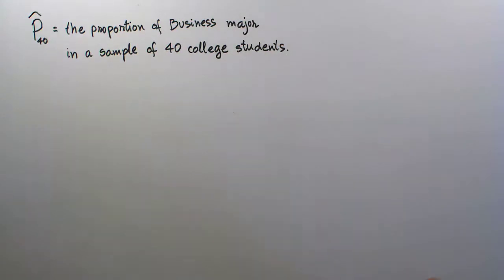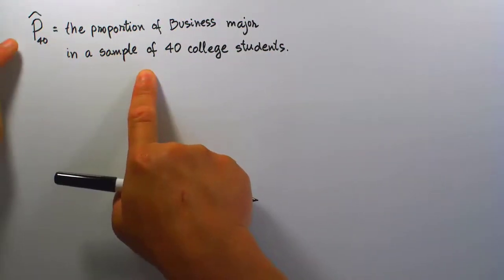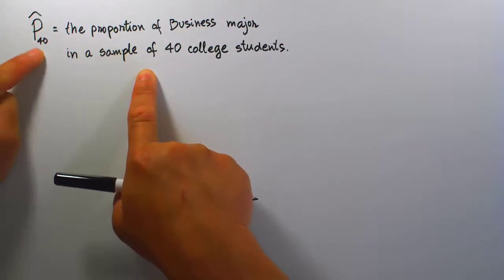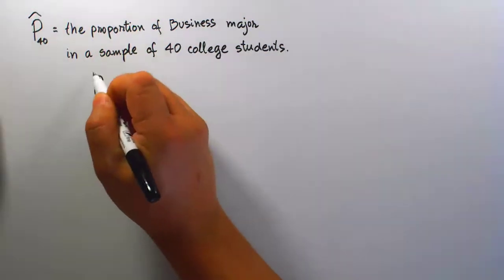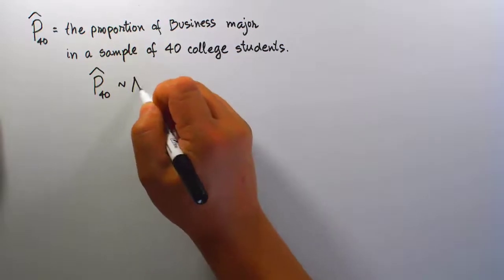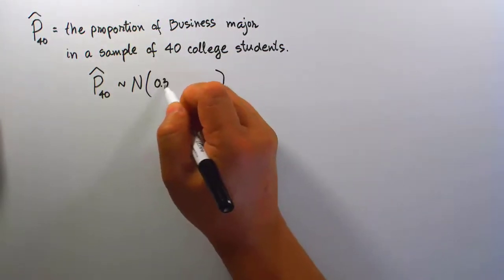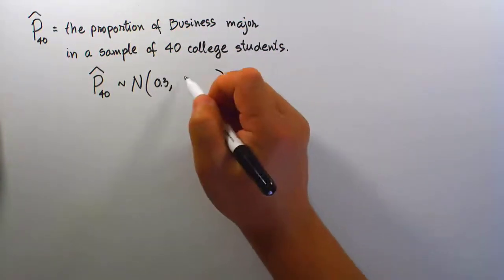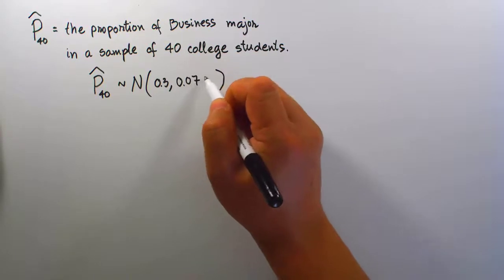So now let's look back at what we already knew regarding our sampling distribution of the proportion, capital P hat sub 40. We already knew that this sampling distribution is a bell curve where the center is at 0.3 and the average spread is 0.0725.